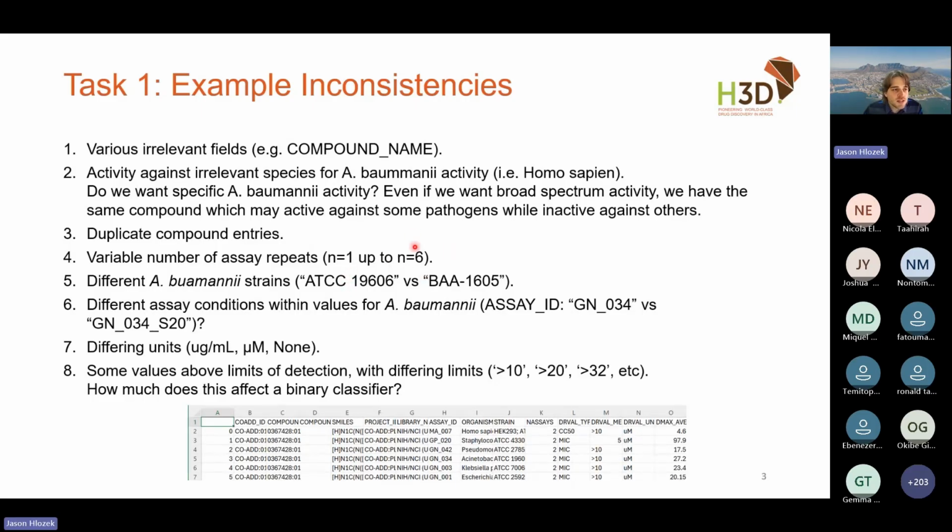For the compounds that have been measured multiple times, what happened if there was variance in the data, if there was an outlier? Is the mean capturing that outlier as well? So we've kind of skewed our data. Or if we've got the raw measurements for all 6, can we maybe capture the median or identify the outlier and exclude it and then only take the mean from that? So this was a source of potential noise. There were compounds that were measured once and others multiple times.